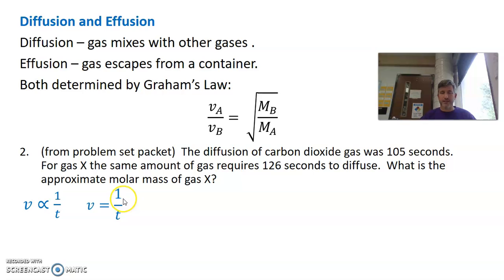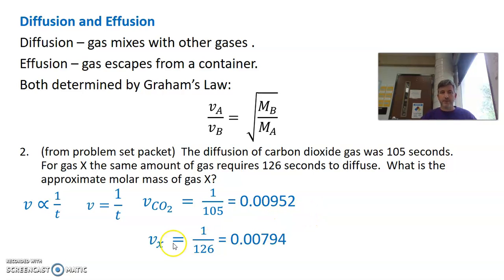So if CO2 took 105 seconds to diffuse, we're going to call the velocity of CO2 1 over 105. Again, we're not worried about units because these are just relative numbers. Then I do the same thing with the unknown gas, which took longer, and predictably we get a slower speed, a smaller number for relative velocity.